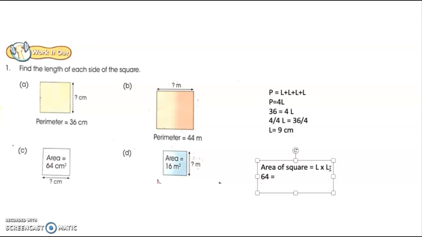So which two numbers, when you multiply, give you 64? It's 8 times 8, right? So one length of the square when the area is 64 is equal to 8 centimeters, because 64 centimeter squared is given here, so one side will be 8 centimeters.